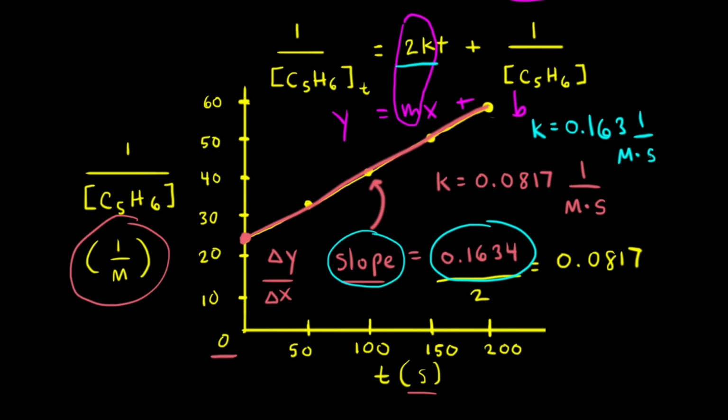However, since the coefficient in front of cyclopentadiene is a 2, technically this rate constant is the correct one. Finally, since we got a straight line when we graphed 1 over the concentration of cyclopentadiene versus time, we know that this reaction has second order kinetics.